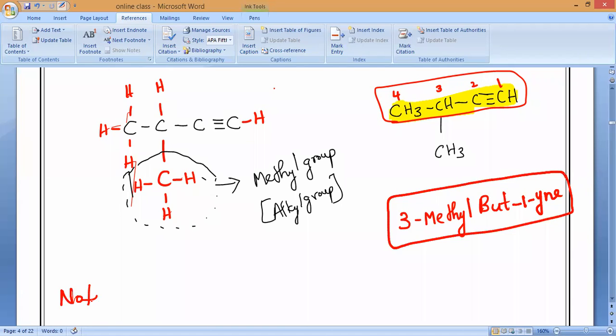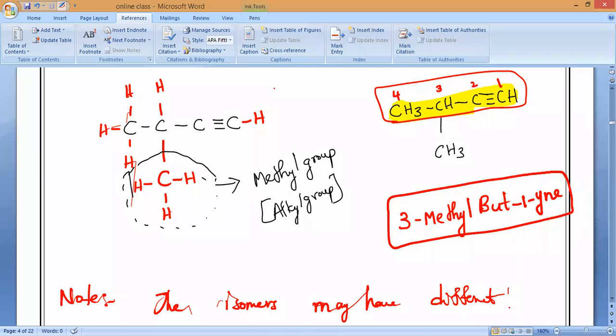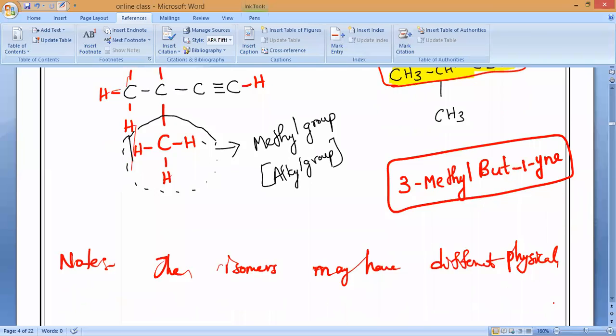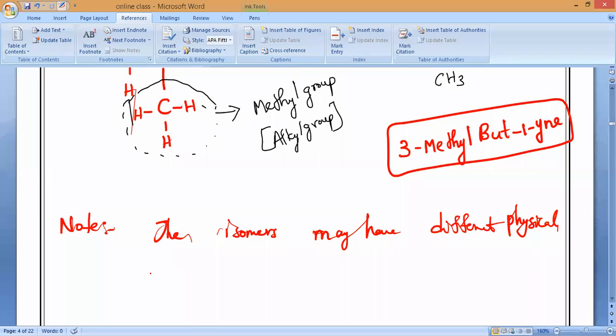Now keep note and write one statement. The isomers may have different physical properties, and some common chemical properties.